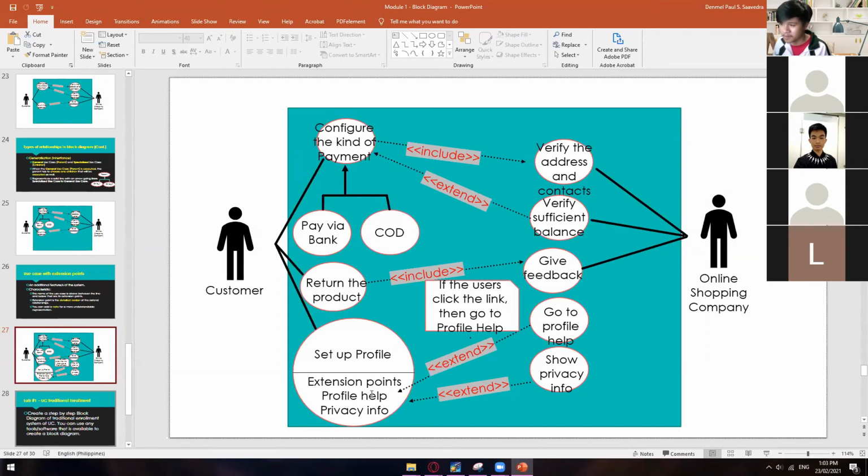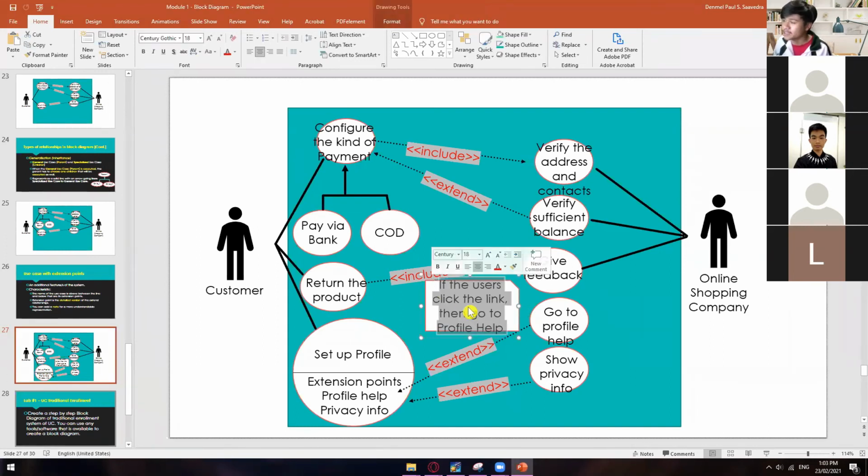Again, this is not necessary. This is only needed if you want to explain something, if there is a correction, or if there is one thing that you need to emphasize, etc. All right. So yeah, that's it for the online shopping app.